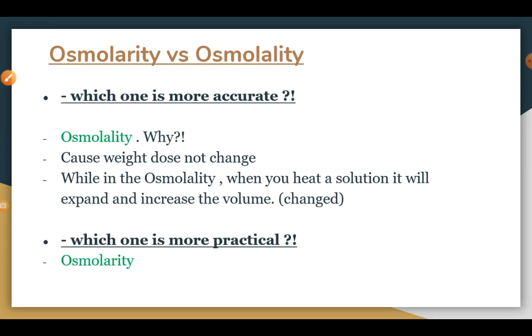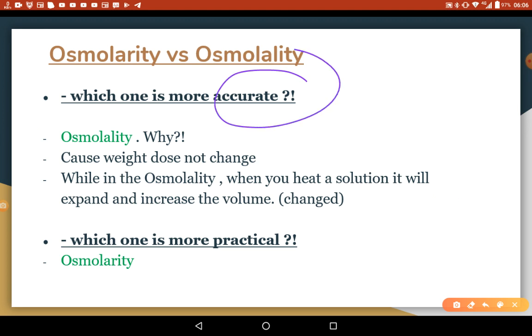Which one is more accurate? Osmolality. Why? Because weight doesn't change. The weight isn't affected by temperature or volume.